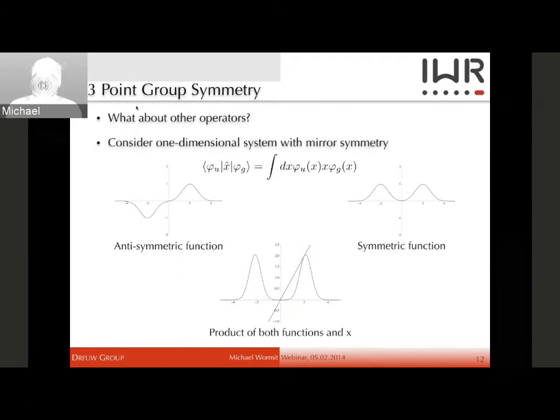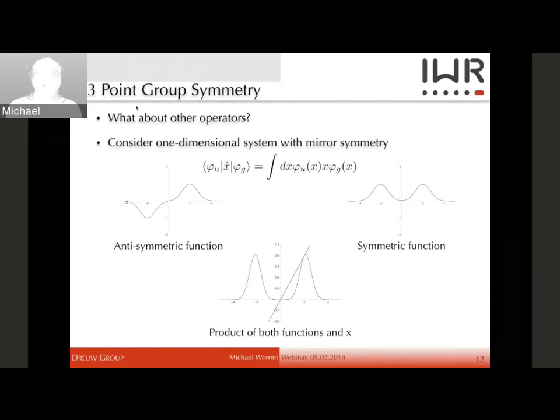But if you had two gerade functions and the x, then one side of these peaks would point down, and the integral on the negative x-axis and on the positive axis would have opposite signs, so the sum of the two would be 0, and you would get a zero matrix element.